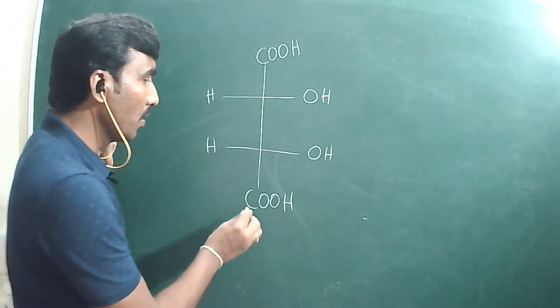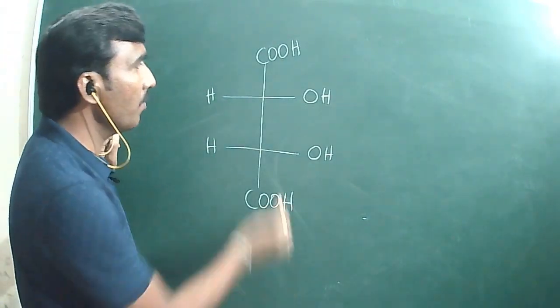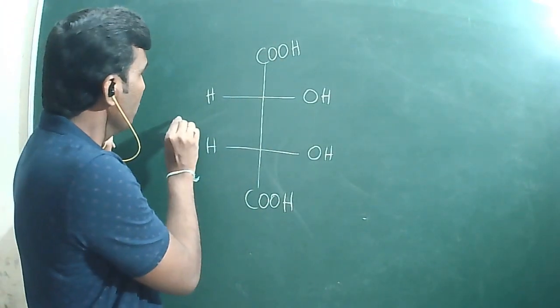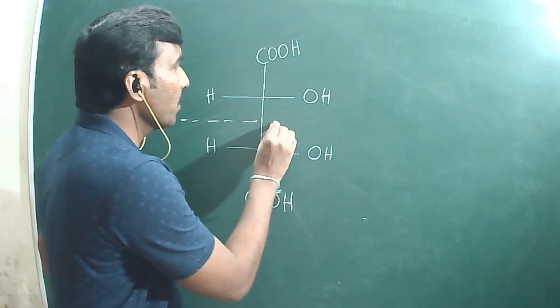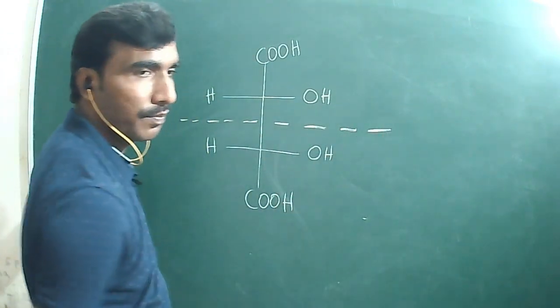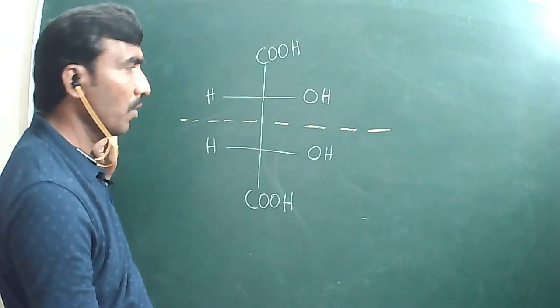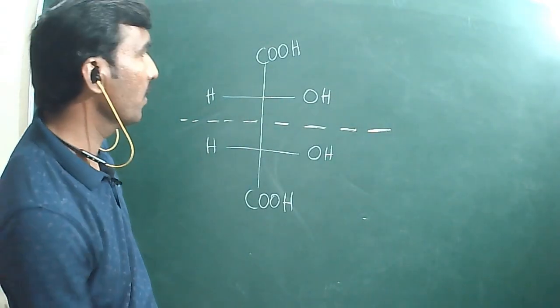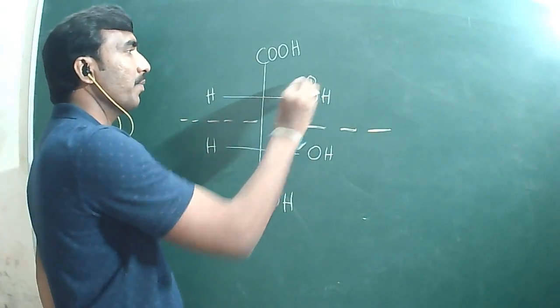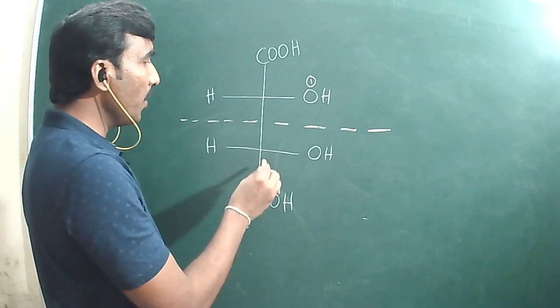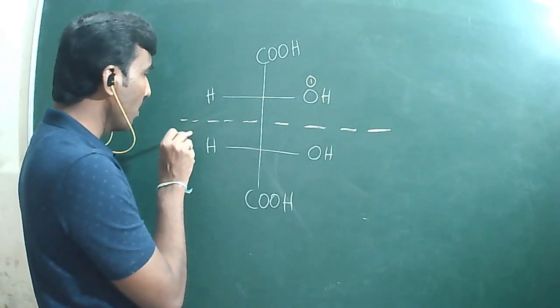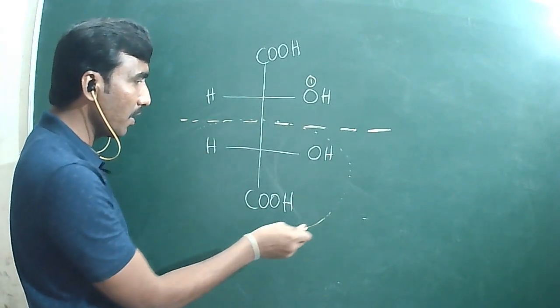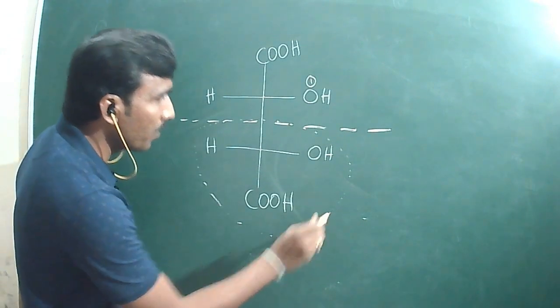Right. Anywhere you take, I am taking this chiral carbon atom. So this is a molecule where I can cut into 2 equal halves or not. Okay, leave it, about this plane of symmetry. First I am taking this one as first priority. Second priority, this entire group. I can take this one as the entire group, right?